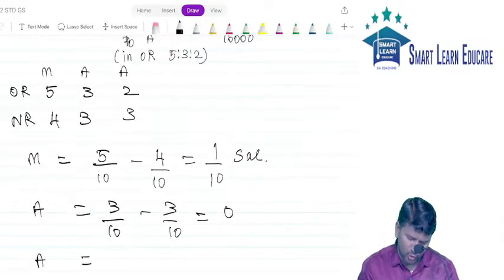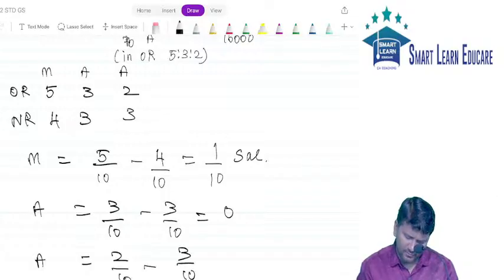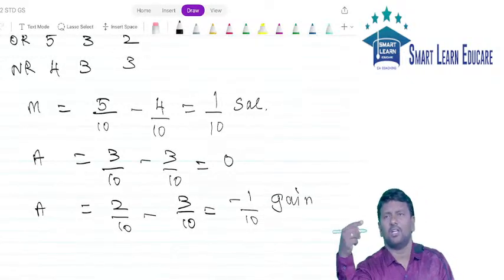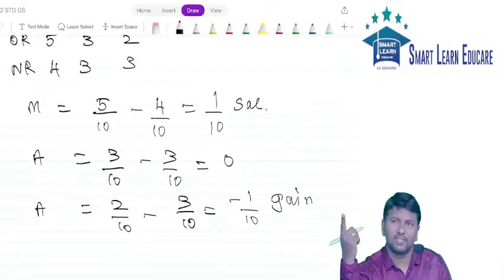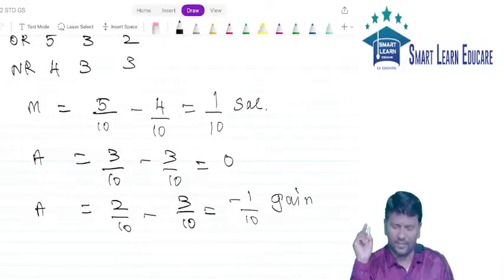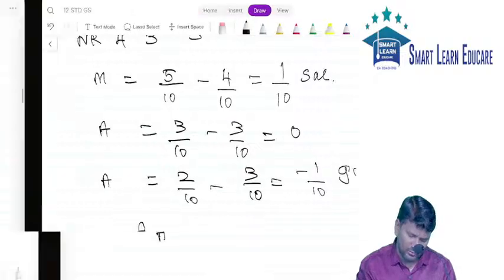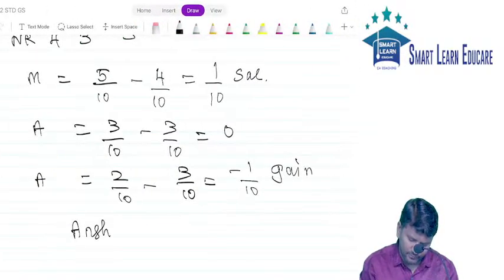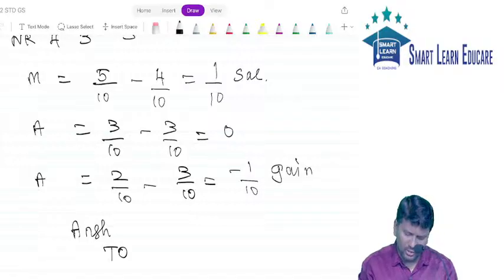Another partner, Anusha: 2/10 minus 3/10 gives minus 1/10, meaning this partner is gaining. What will be the journal entry for goodwill? Gaining partner's capital account debit to sacrificing partner. So Anusha's account debit to M's capital account.